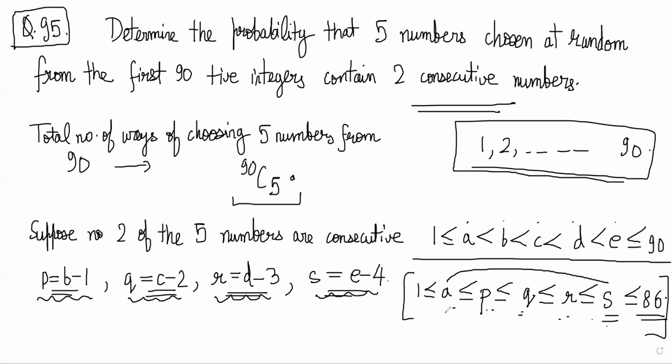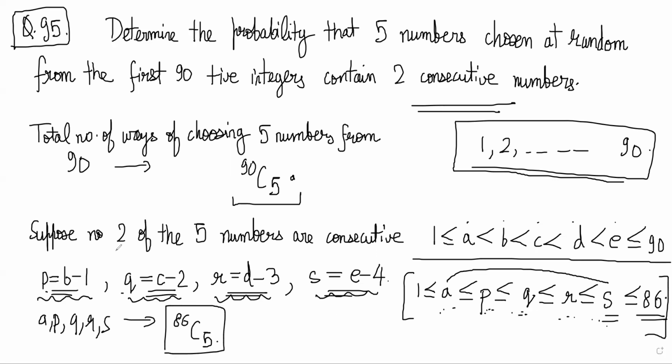So the number of ways of selecting these 5 integers, which makes sure that the original integers A, B, C, D, E will not be consecutive because there is a gap between them. P, Q, R, S can be equal to each other, but even if they are equal, B, C, D and E will not be equal to each other. So the number of ways of selecting these 5 integers A, P, Q, R, S is basically 86C5.